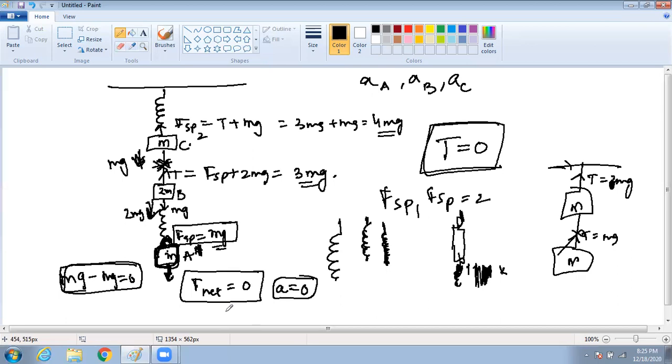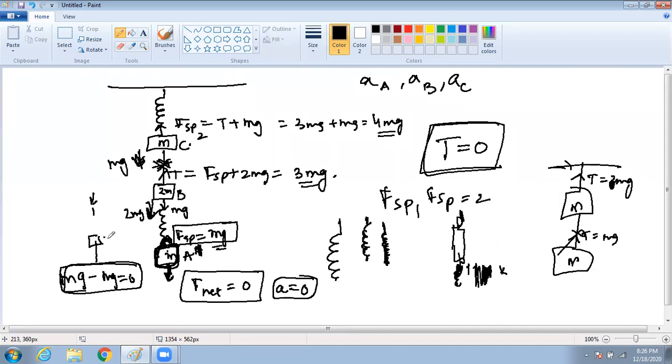Clear? Whenever we are talking, we are only talking about that particular instant, just after cutting. Don't think, oh, what will happen after 10 seconds? We don't know, anything can happen. At that particular moment, this will slowly fall, and the moment it starts falling, then it will fall.